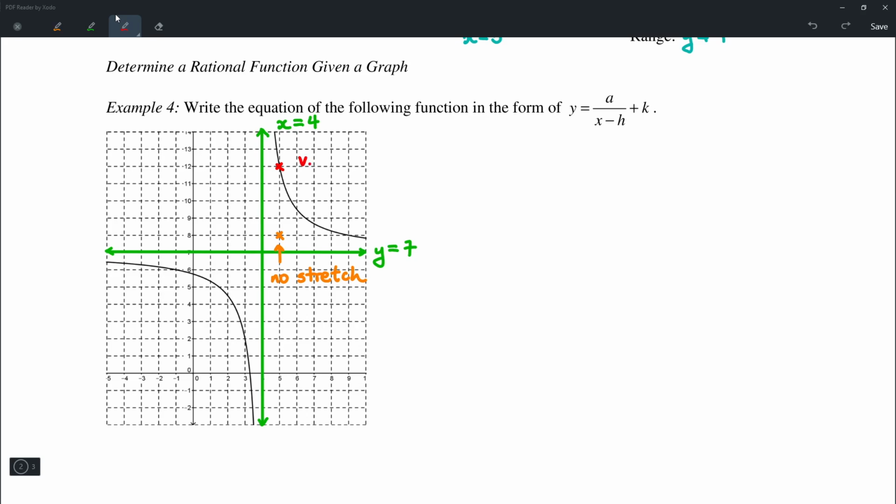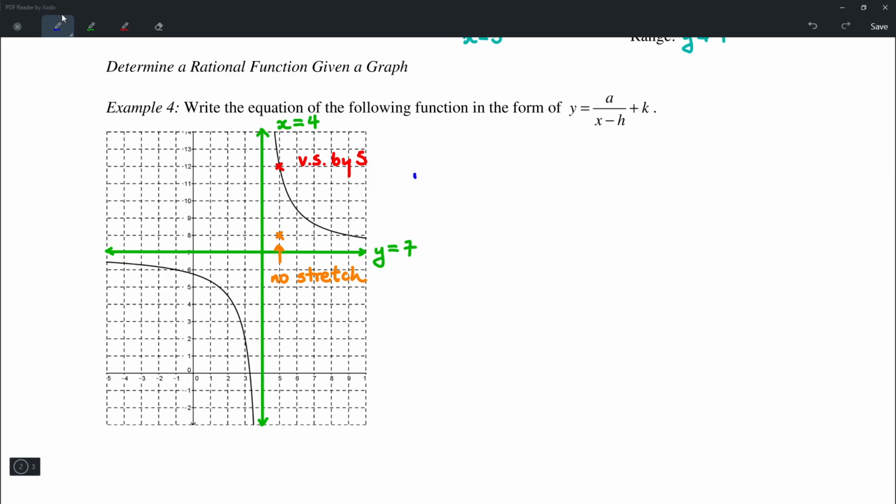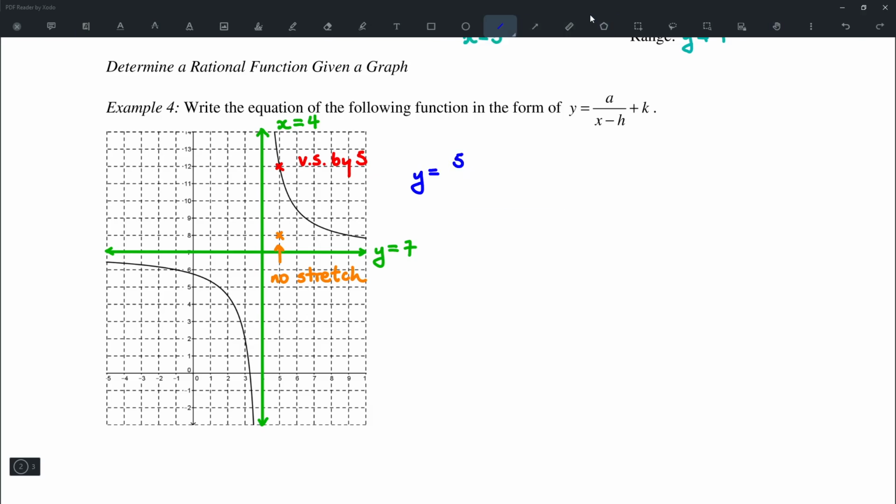That means we had a vertical stretch by a factor of 5. Combining all of that together gives us the following, and that is the function would have been y is equal to 5 for the vertical stretch over x minus 4 and then plus 7.